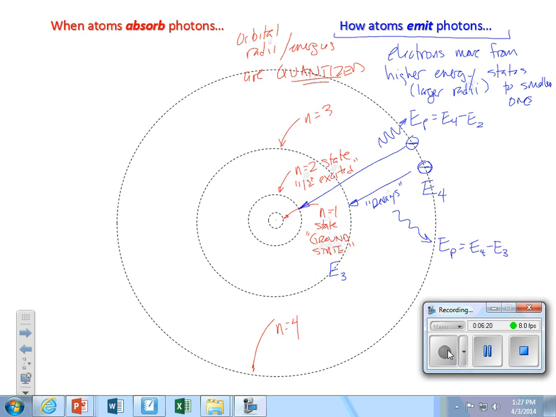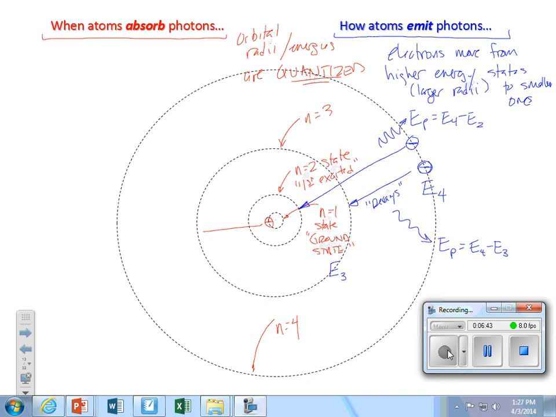Okay? And when do atoms absorb photons? Well, if and only if they're able to absorb energy. And that can happen if we have just the right amount of energy. Let's just say we have an electron in the ground state.